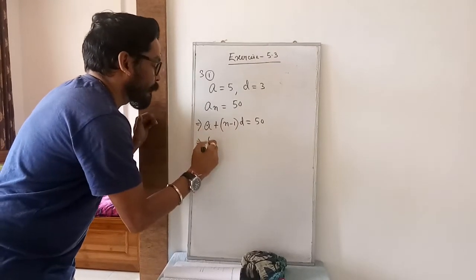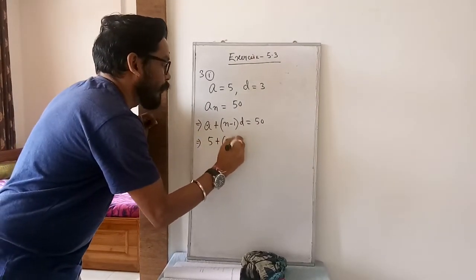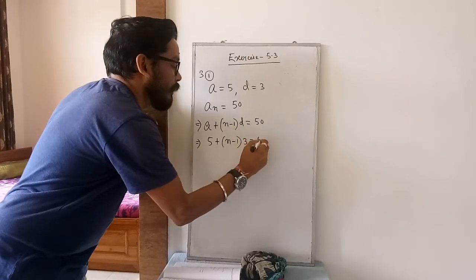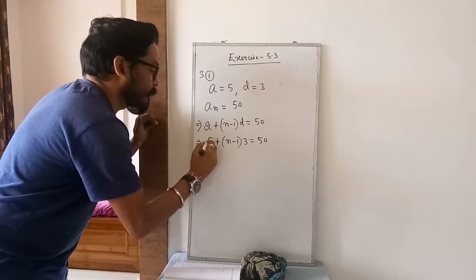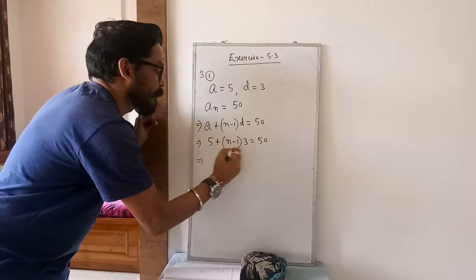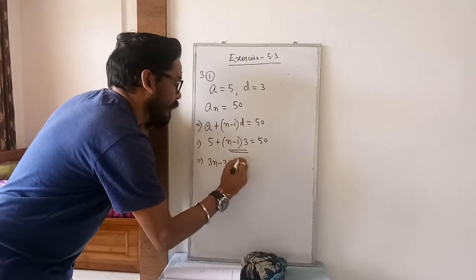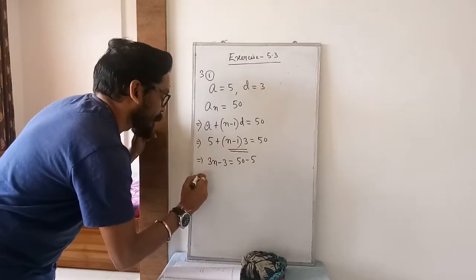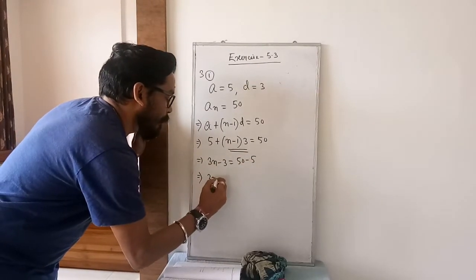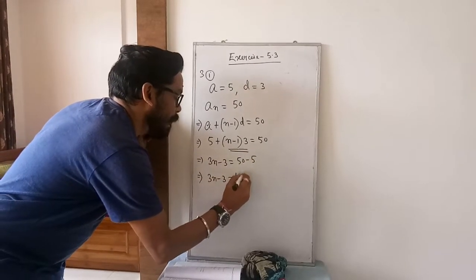Here a is 5, n you don't know, d is 3, so it is 50. I will shift the 5 to the other side, and multiply this part: 3n minus 3, and here it is 50 minus 5. So it is 3n minus 3 equal to 45.